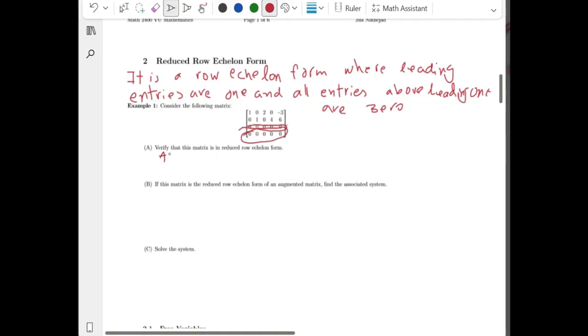So all rows of all 0 are below the non-zero rows. And then all leading terms are leading 1s.